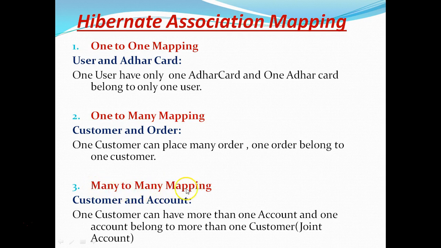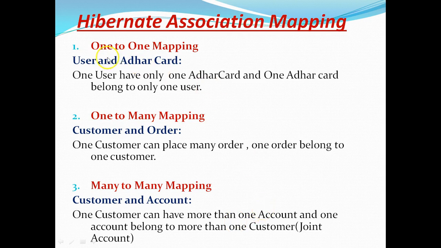In many-to-many mapping, I will explain the example of customer and joint account. One customer can have more than one account and one account can belong to more than one customer, so we can say joint account. Joint account is the example of many-to-many mapping.